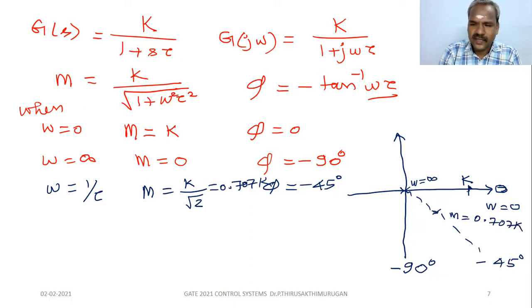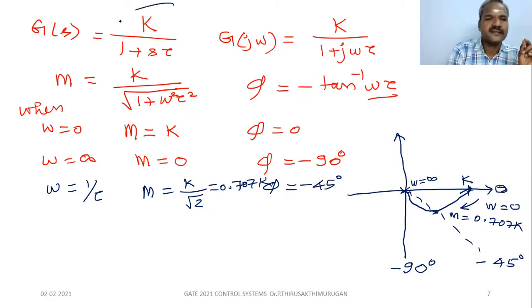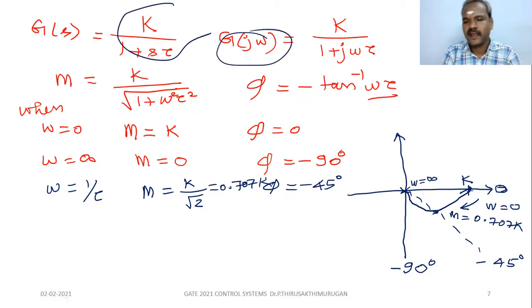So the locus moves like this and ends at 0. This is the direction of omega increasing. This is the locus traced by G of j omega.